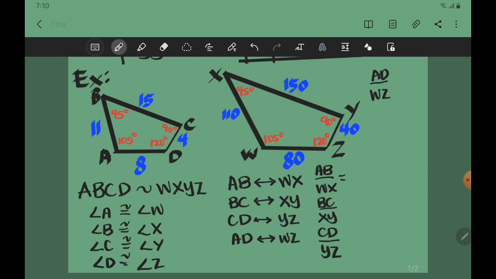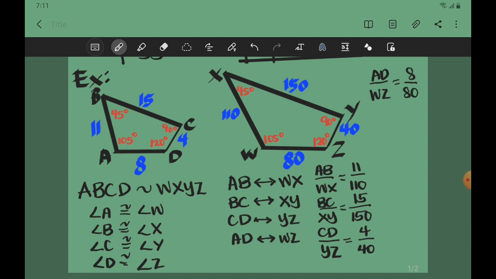So the value of AB here is 11 over the value of WX, which is 110. And then BC, we have here 15 over the value of XY, which is 150. And then CD, which is 4, over the value of YZ, which is 40. And then the last one, we have here AD, which is 8, over WZ, which is 80.